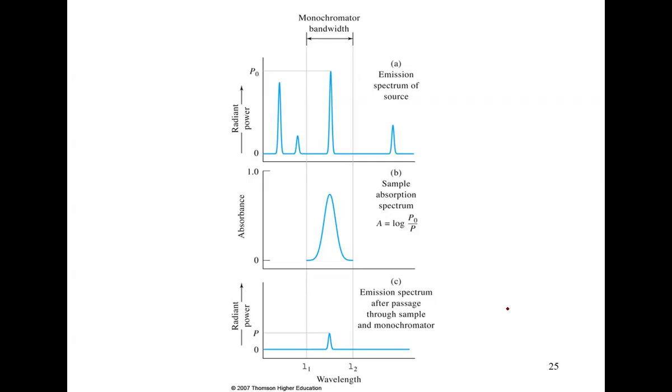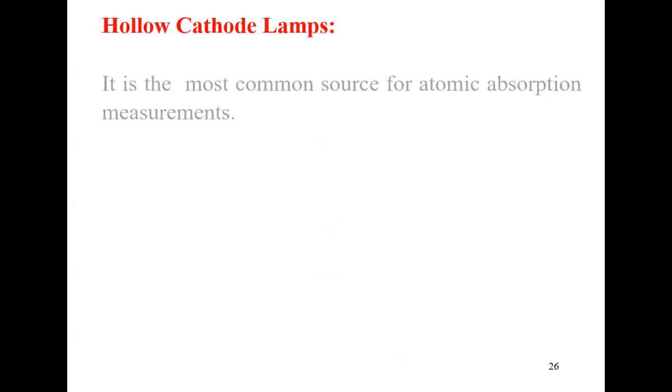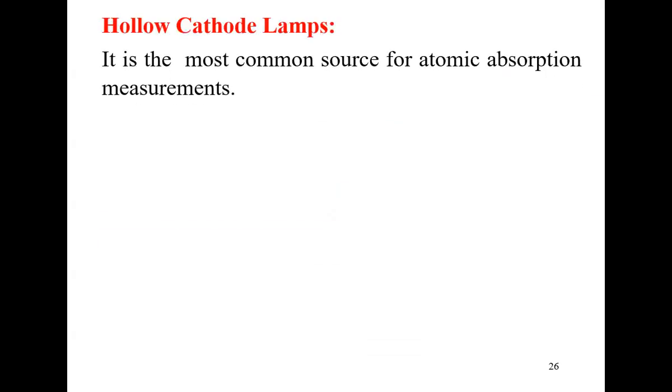Hence, the height of the peak, as you see there, is decreased. All right? So that is what the words were saying. We have to filter. We have to know the wavelength of radiation that we are going to use. And we make use of the hollow cathode lamp.